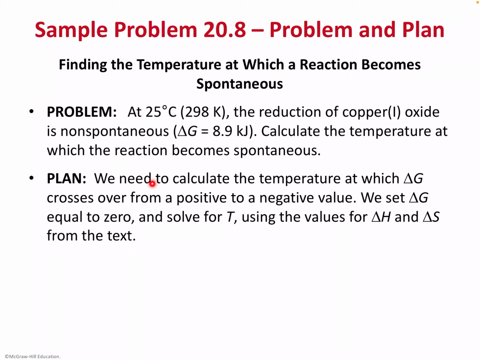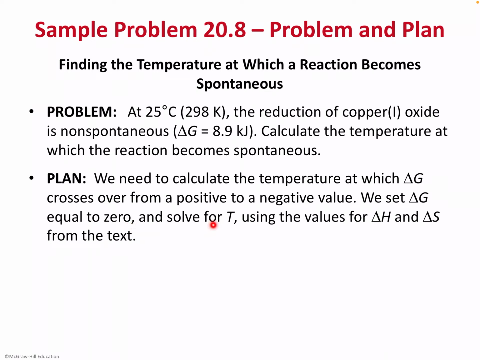Okay, we need to calculate the temperature at which delta G crosses over from positive to negative, right? Because in order for it to become spontaneous, this positive value needs to become negative. We set delta G equal to 0.